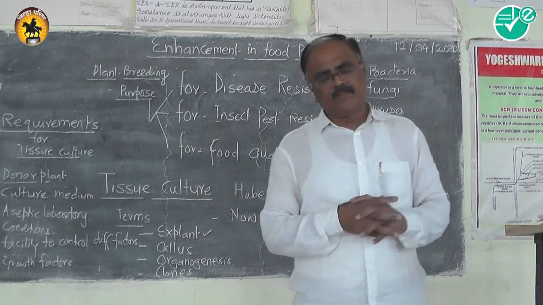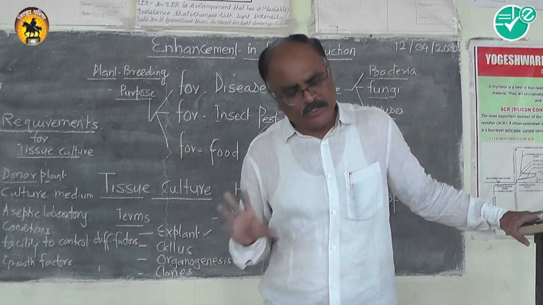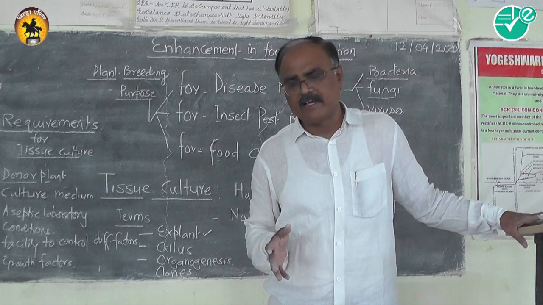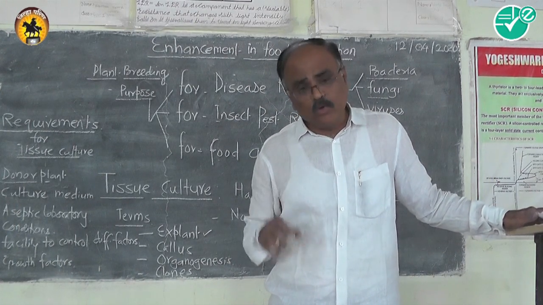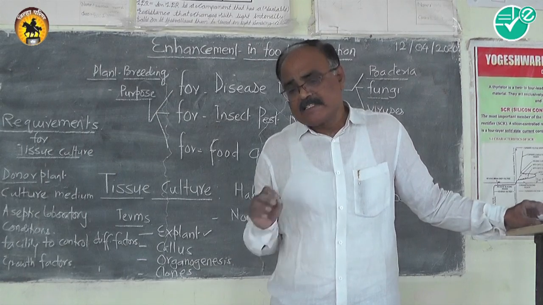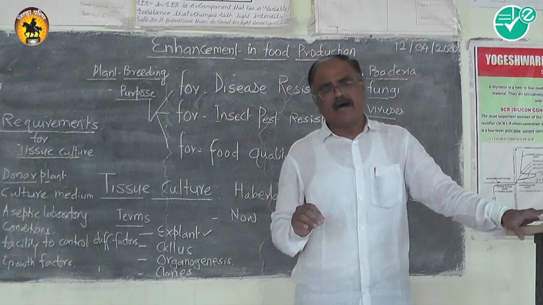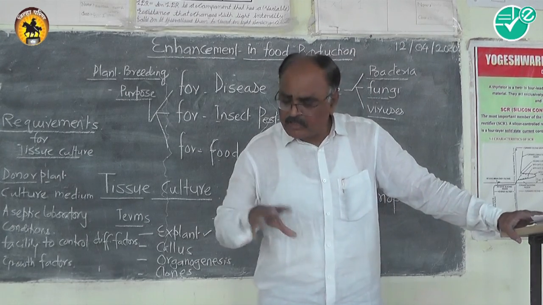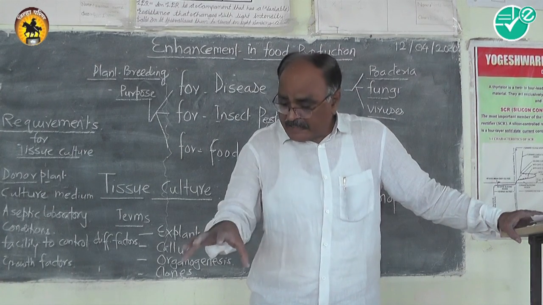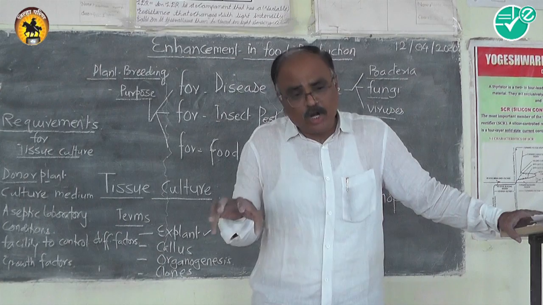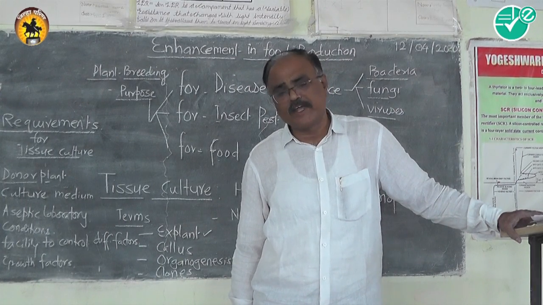The culture medium has, as we mentioned earlier, various proportions of inorganic and organic salts, sucrose, and growth factors. The tissue or plant part kept on the sterilized medium draws nutrition from the medium and starts growing.